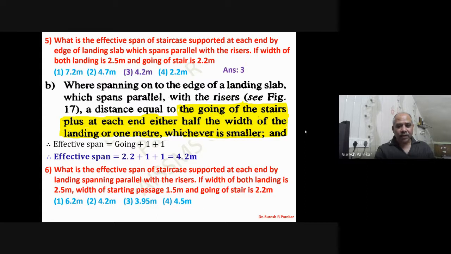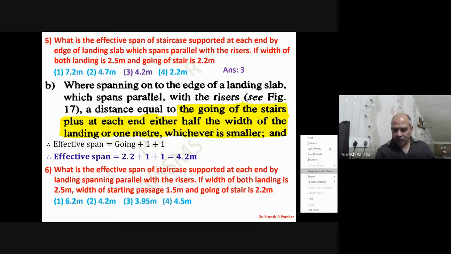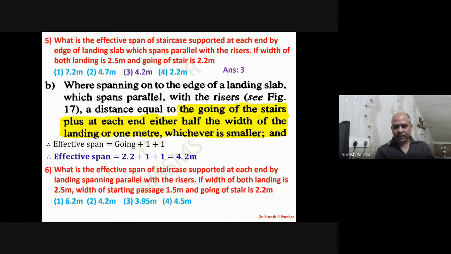Then same MPSC 2019, and here it is given that the width of landing is 2.5 meter, and the width of staircase passage is given 1.5 meter.